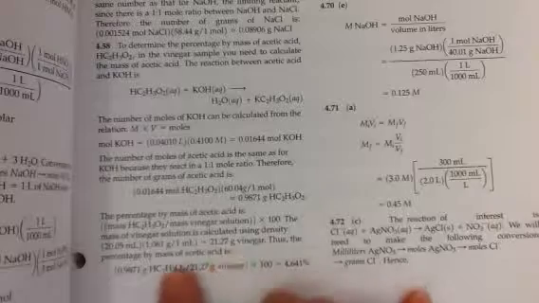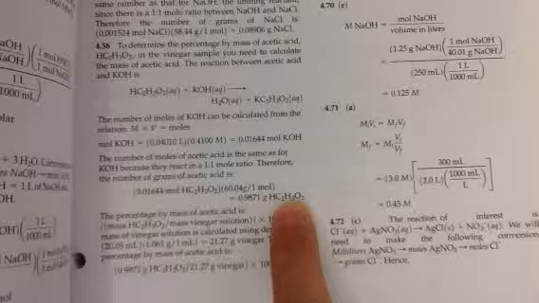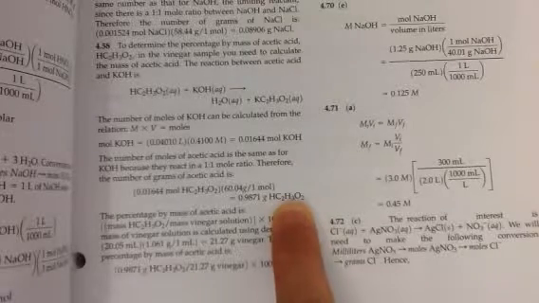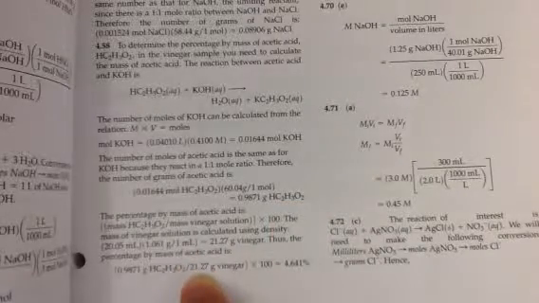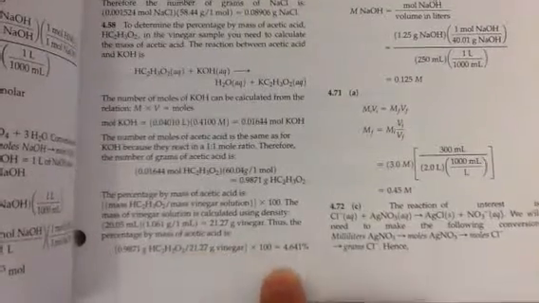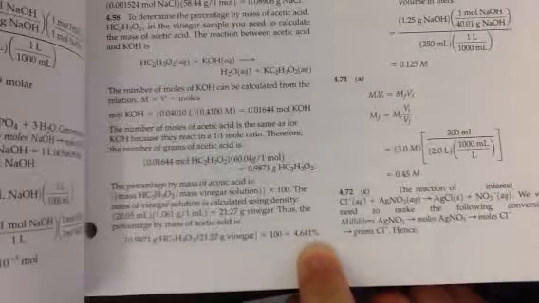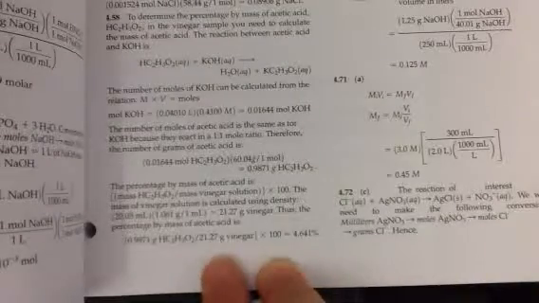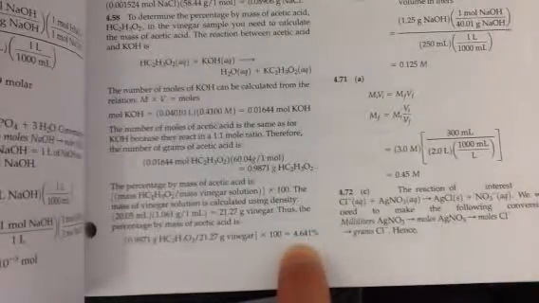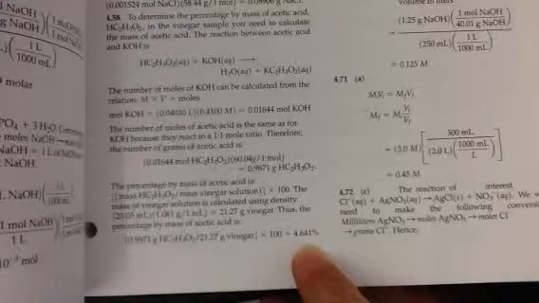So the percentage by mass is the mass of our acetic acid, 0.9871 grams, divided by the total mass of vinegar, 21.27 grams, multiplied by 100, and we get 4.641%. So within that solution of vinegar, 4.641% would be acetic acid.